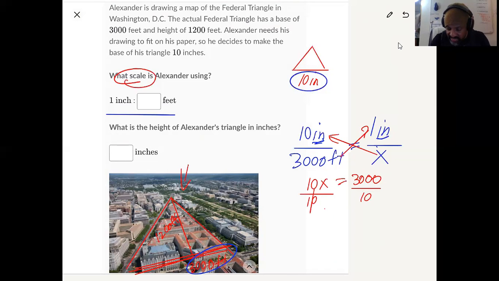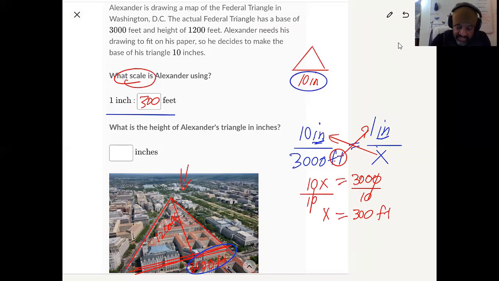And this cancels, so we got X equals 300. So the units are 300 feet. So that's what we have here. Our scale is 1 inch represents 300 feet. Okay, that's all you're doing. Set up the proportions using the units and then solve for whatever you need to solve for.